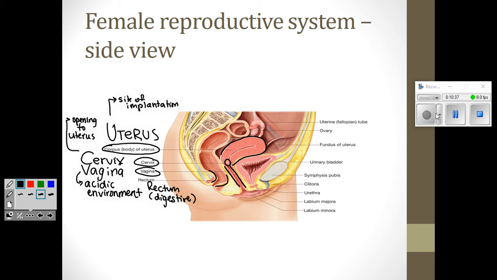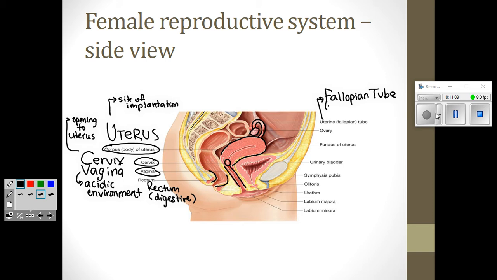Now, if we look over here on this side, there are a couple of structures. There's a little round structure, and then there's this tube that leads from it. The tube is the fallopian tube. Now in this picture, we're looking at the reproductive system from the side. So we only see one of the two fallopian tubes.